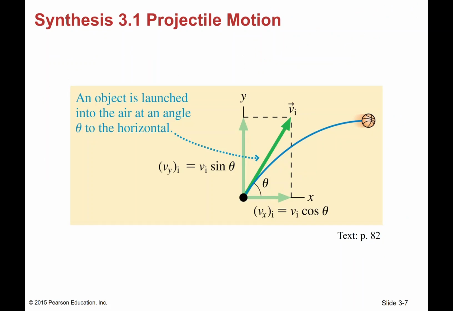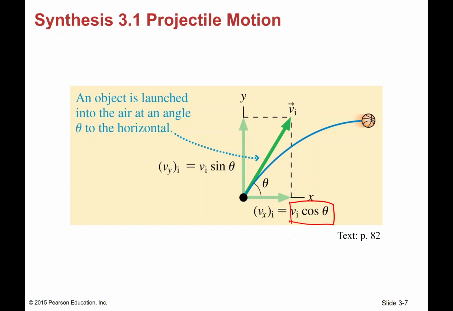So what are the things that we need to be aware of? Imagine that you're given a problem and you're given the initial velocity and this angle here. You need to be able to find the x component of the initial velocity, which is given by vi cosine theta, and you need to be able to find the y component of the initial velocity, which is given by vi sine theta. So how do you do that?